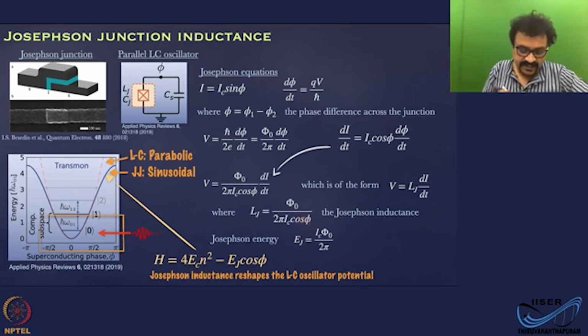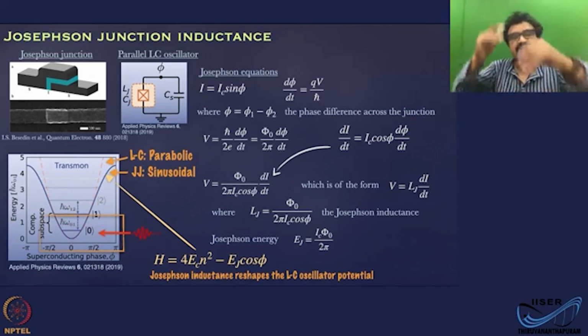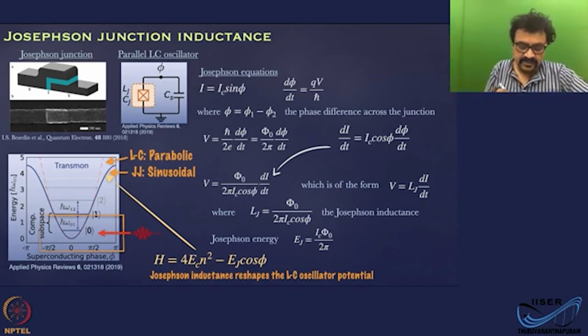you can see that as we increase phi, this frequency will decrease. That means the levels will get closer and closer. So originally you had a normal LC with a parabolic confinement given by this red curve. Now what you have is a sinusoidal confinement for a Josephson junction given by this blue curve, and that's what this also says.